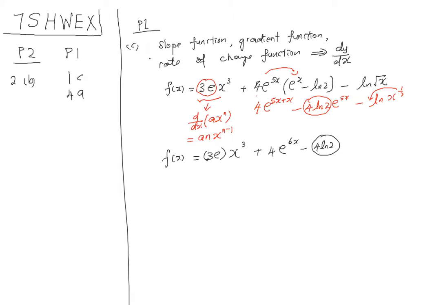So you bracket it up. Then e to the power of 5x. This one bring the half to front. Okay, after you have done that, then only you start to differentiate.